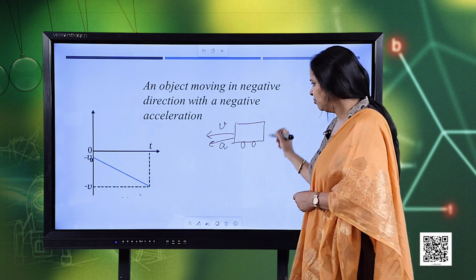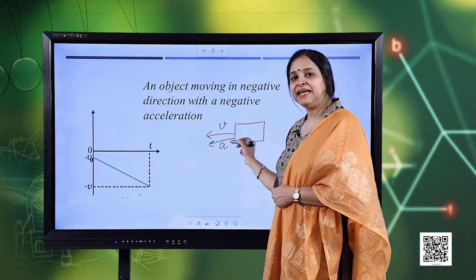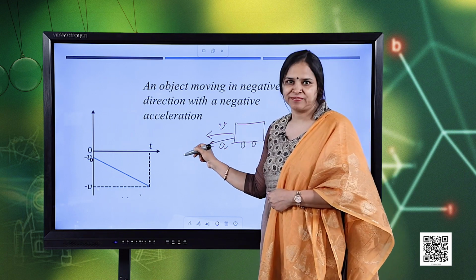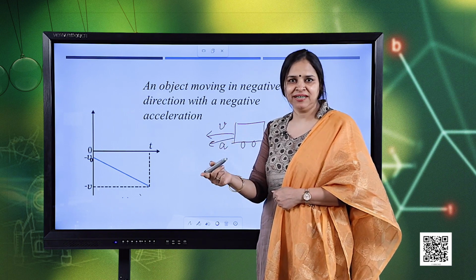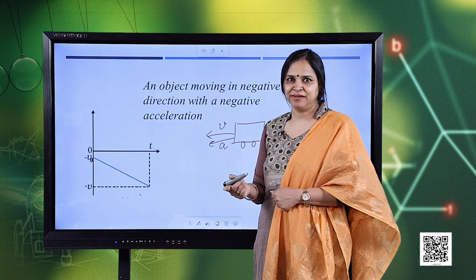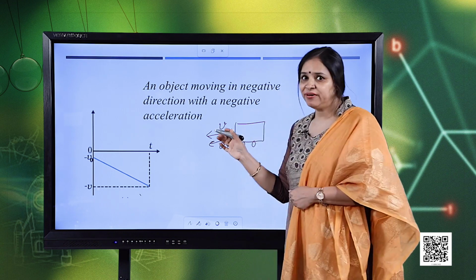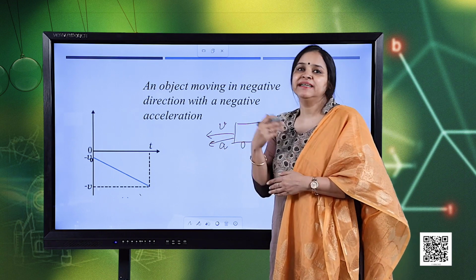Why? Because here the acceleration is in the direction of the motion. That is why it is increasing the velocity even if the acceleration is negative. So, it is a very good example of negative acceleration, but not deceleration.